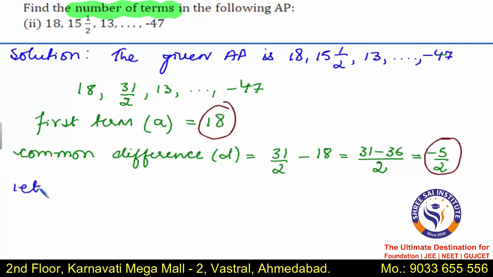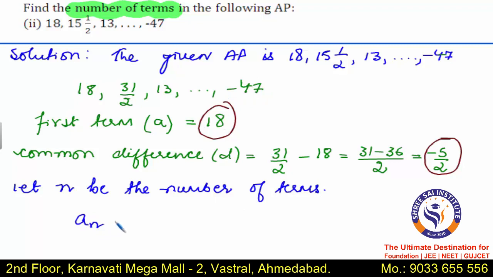Now let, for the given AP, n be the number of terms. This implies the last term, which is minus 47, is the nth term. Now the nth term is given by A plus n minus 1 into d. So this is equal to minus 47.